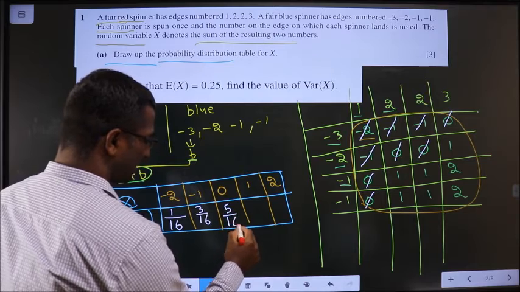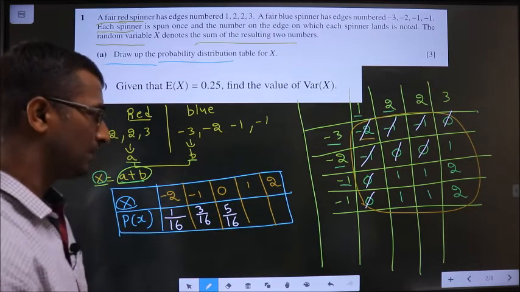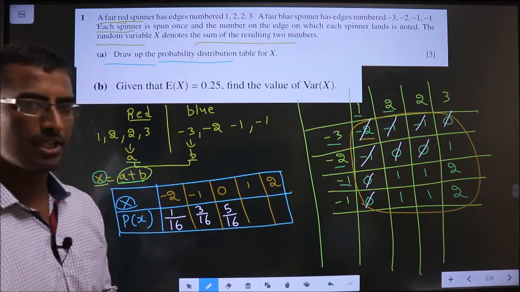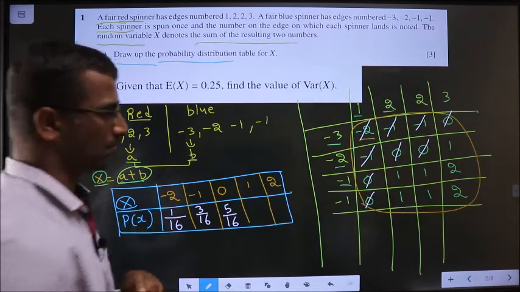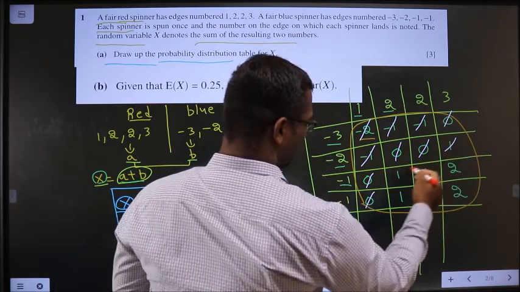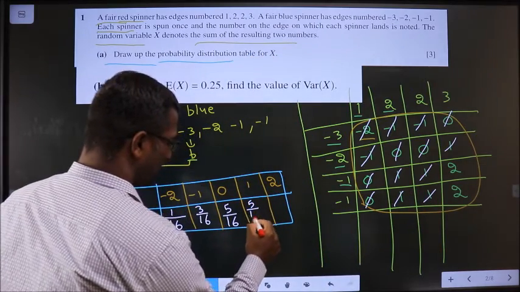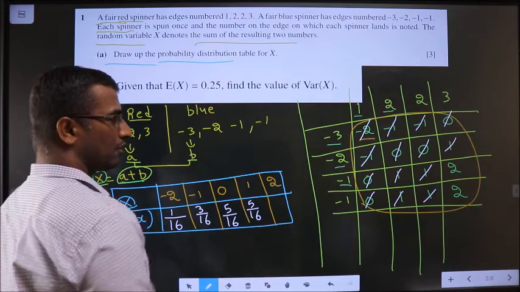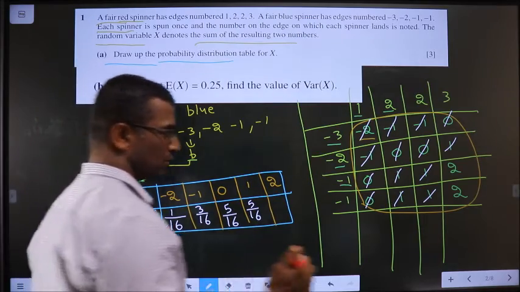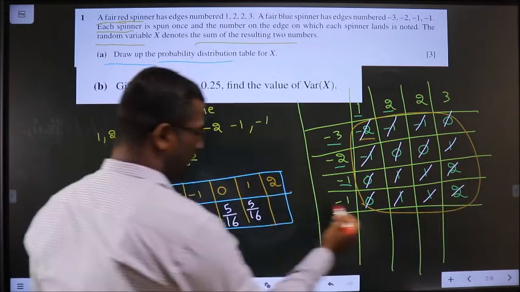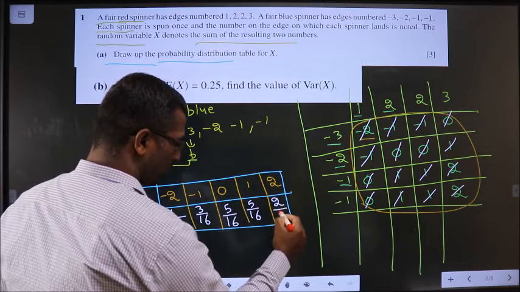So 5 by 16. Now I should find the probability for 1, which means I should see how many times has 1 come. So 1, 2, 3, 4, 5. 5 by 16. Same for 2, I should see how many times has 2 come. 2 has come twice. So 2 by 16.